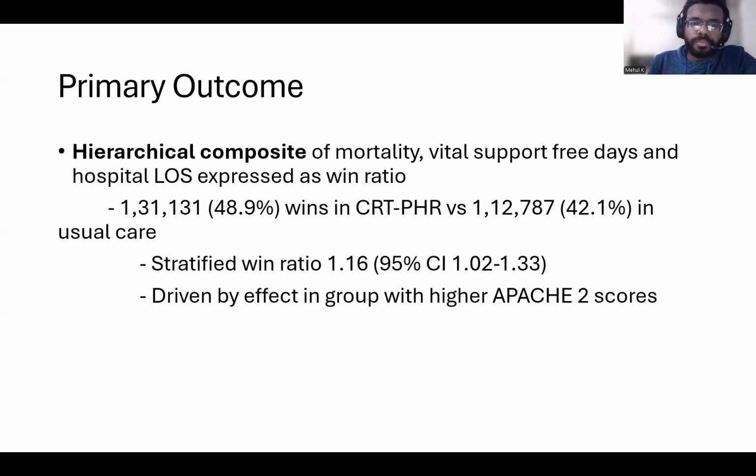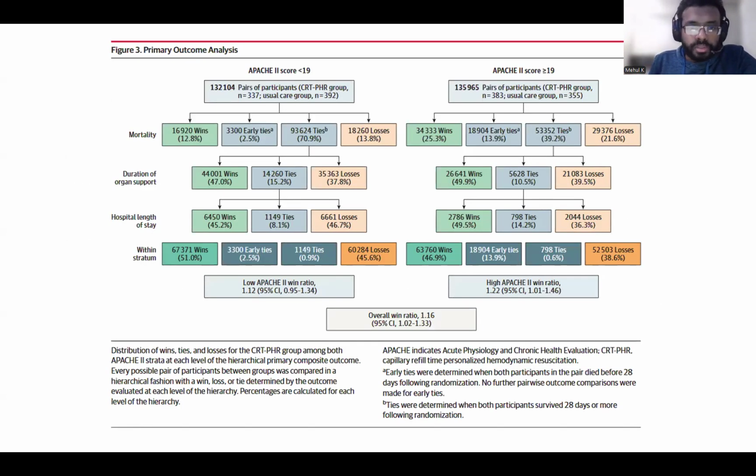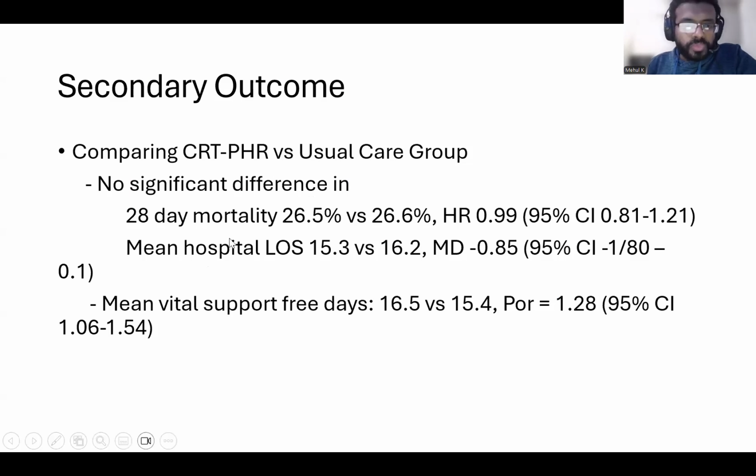It was basically driven by the hospital stays and the lower hierarchy outcomes. So it was not actually a difference in the mortality. Mortality between the two groups was actually the same.